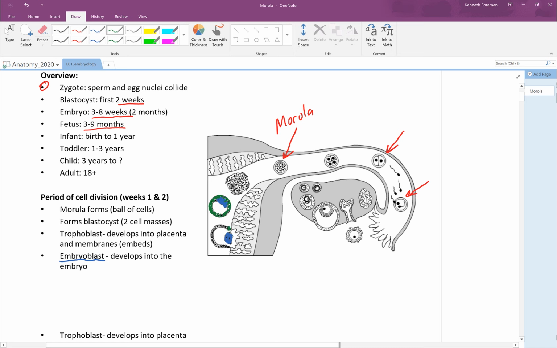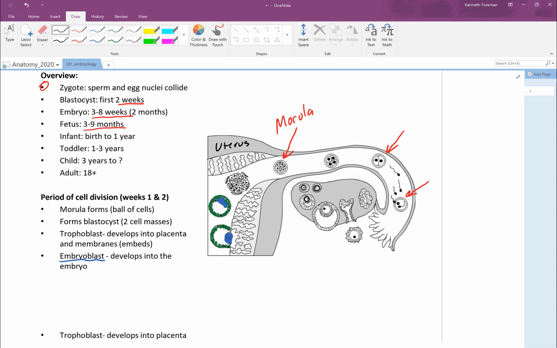Now what you're seeing here is a cross section of a uterus. In addition, these are all cross sections of the blastocyst as it's progressing through this first 2 weeks. Think of a basketball, and the outside of that basketball is considered the trophoblast.